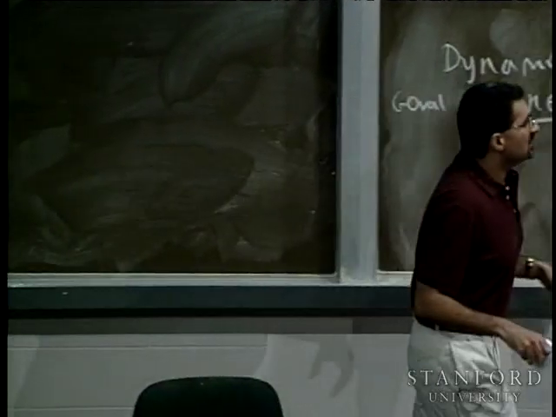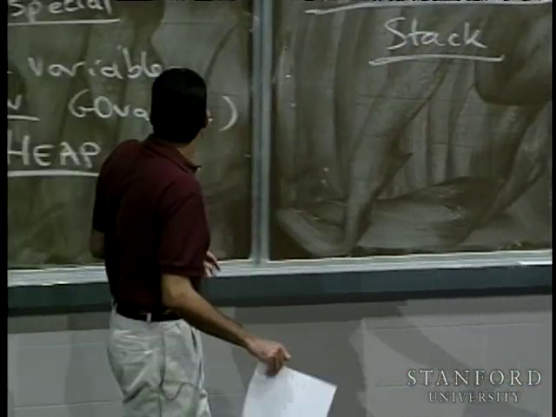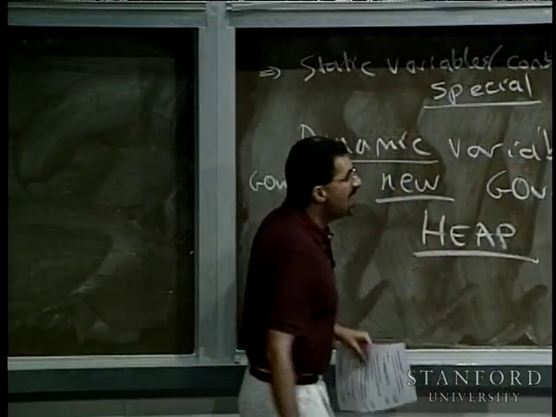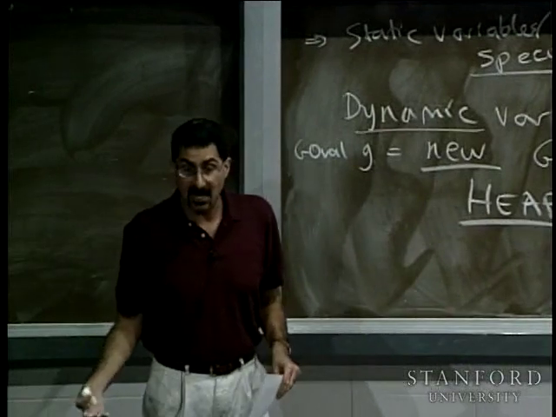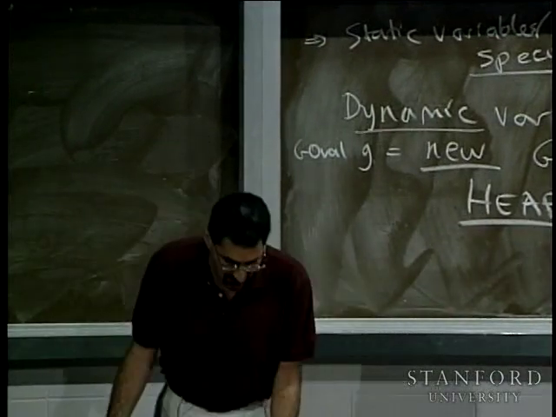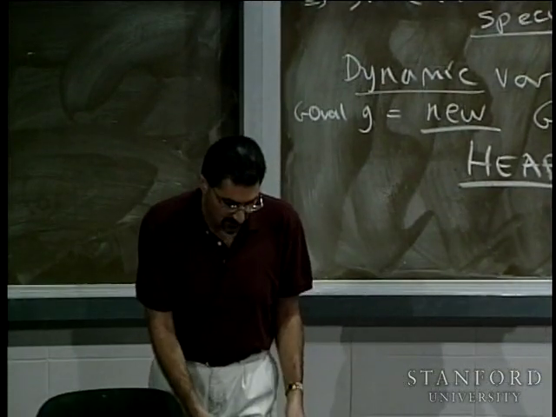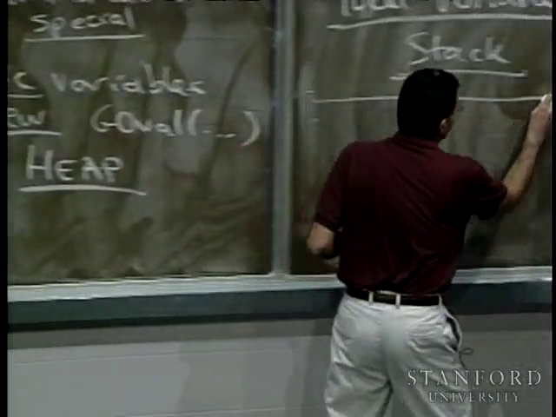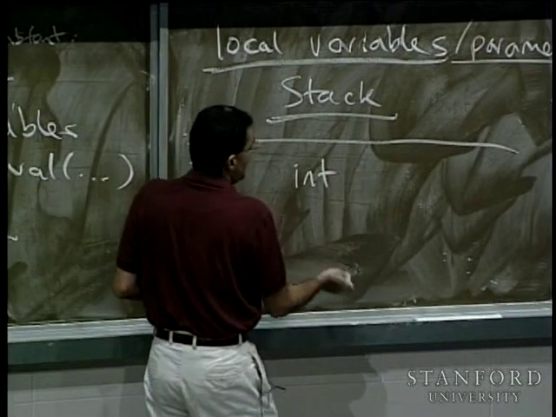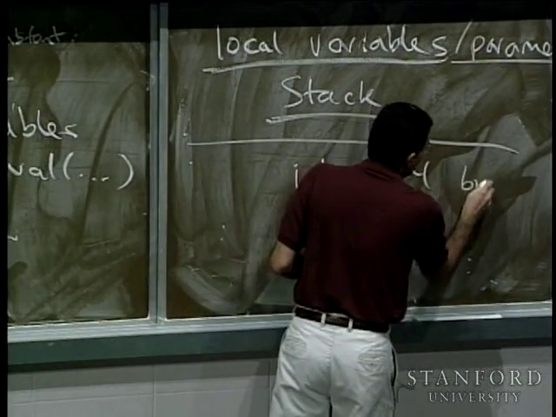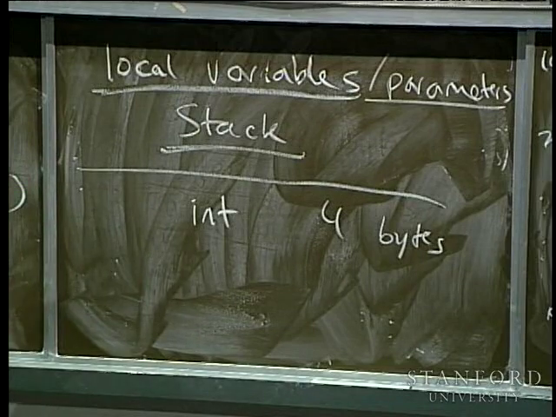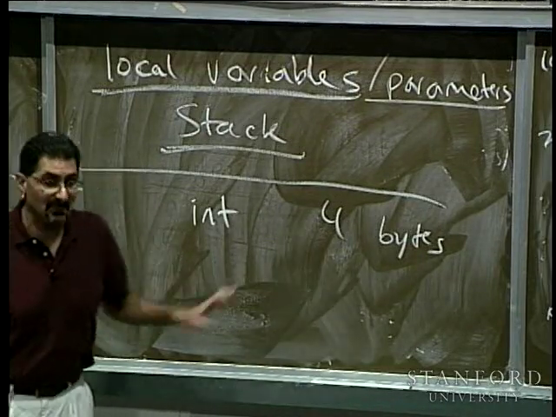The one other thing that's associated with local variables, parameters, and dynamic variables, mostly with dynamic variables, is how much space gets set aside for something. That's one thing you want to think about: different kinds of variables have different amounts of space associated with them. Something like an integer, at least in Java, is 4 bytes. And this is not something you actually need to worry about, because on different machines, they may be implemented in slightly different ways.